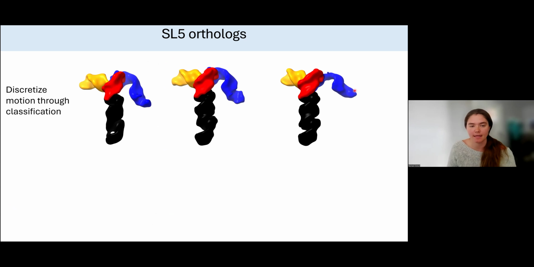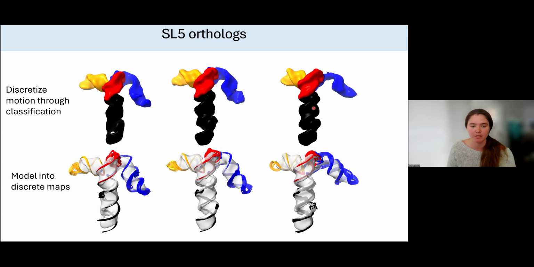We made the choice to do this kind of heterogeneity analysis in a discrete fashion because of the size of these RNAs. The signal to noise ratio at the time made our confidence in more advanced heterogeneity analysis methods a little too low for comfort. So we did this discretely.